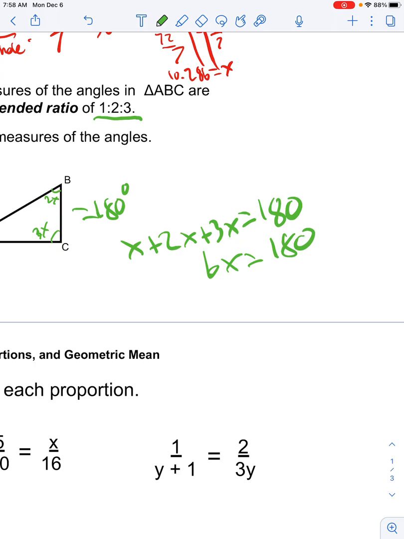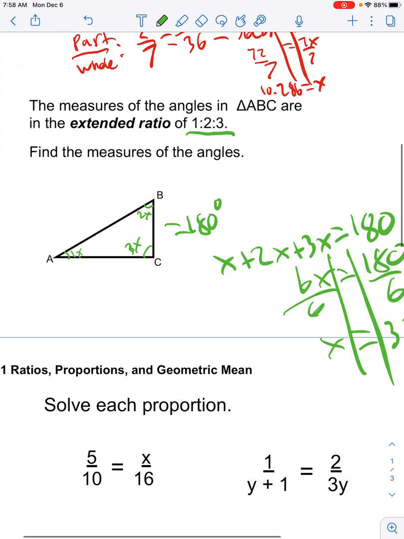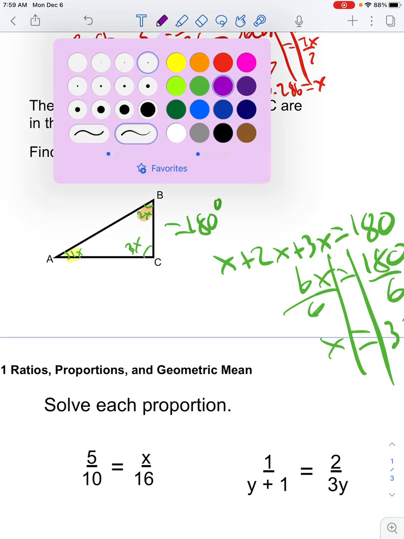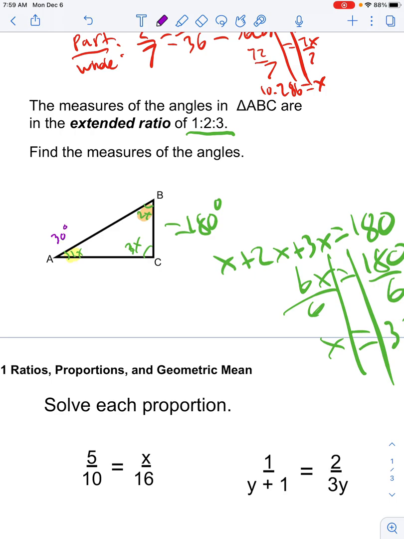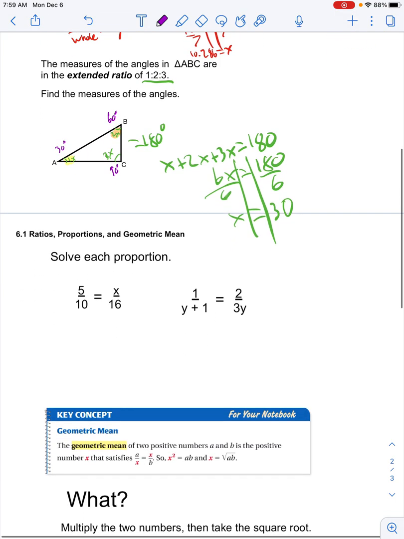This is going to give me 6x equals 180. And when I solve my left and my right side, I'm going to get x equals 30. So my smallest angle right here is 30. My second angle is 2 times 30, which is 60. And then my third angle is 3 times 30, which is 90 degrees.